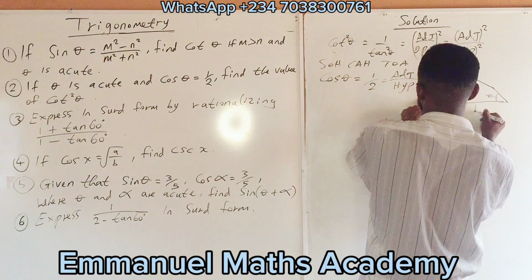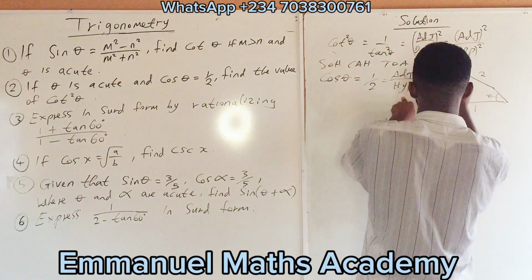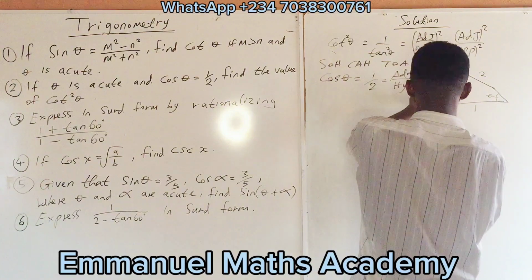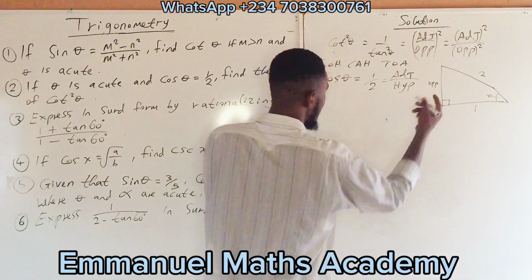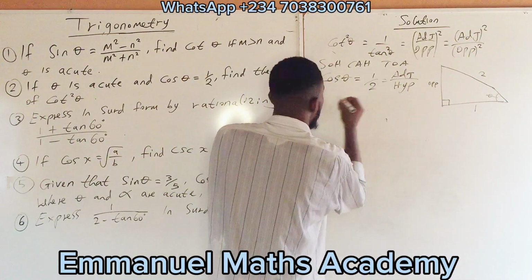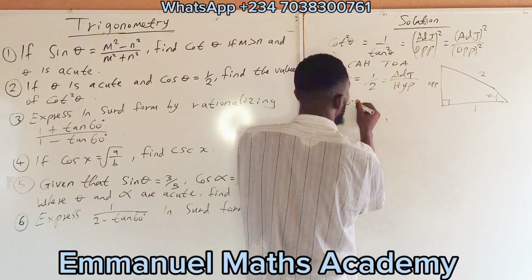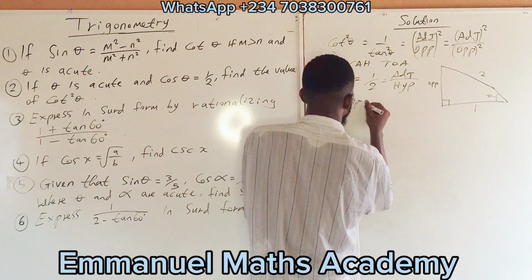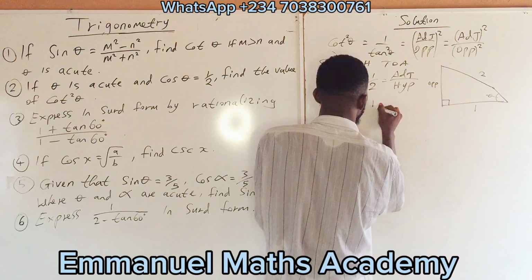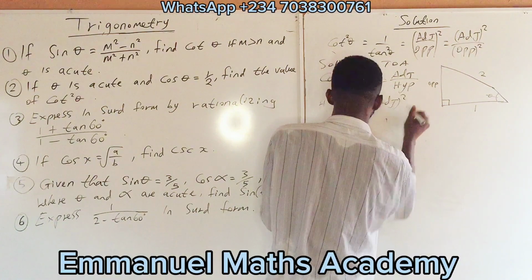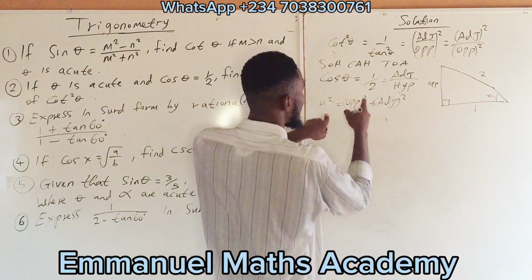Adjacent is 1. Hypotenuse is 2. That means you need to find the opposite. The opposite is unknown. From the Pythagoras theorem, you have that h square equal to opposite square plus adjacent square, right?